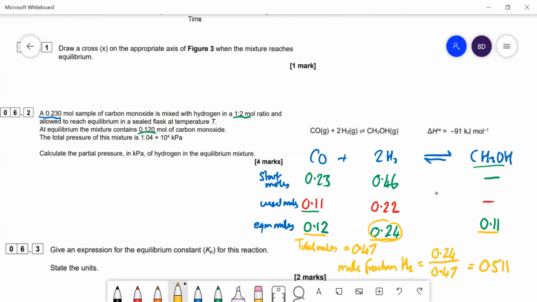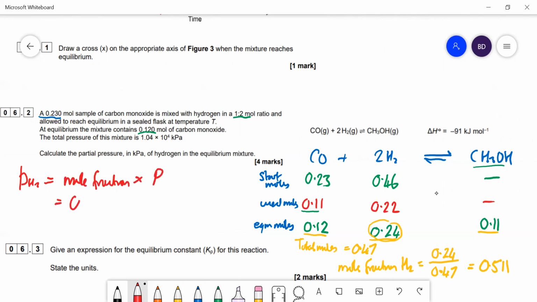Okay, and now we know the mole fraction, we can work out the partial pressure of that. So partial pressure, I'll write it over here. Partial pressure of the hydrogen is equal to the mole fraction multiplied by the total pressure.